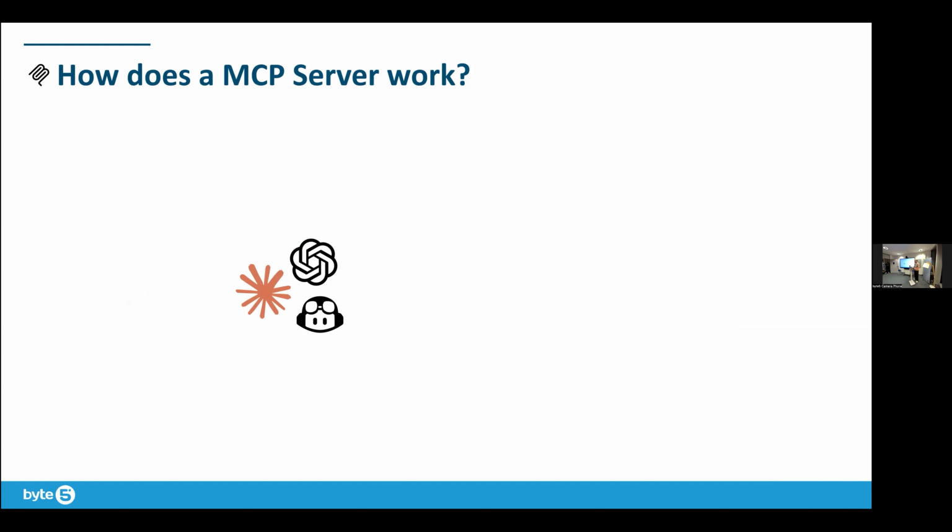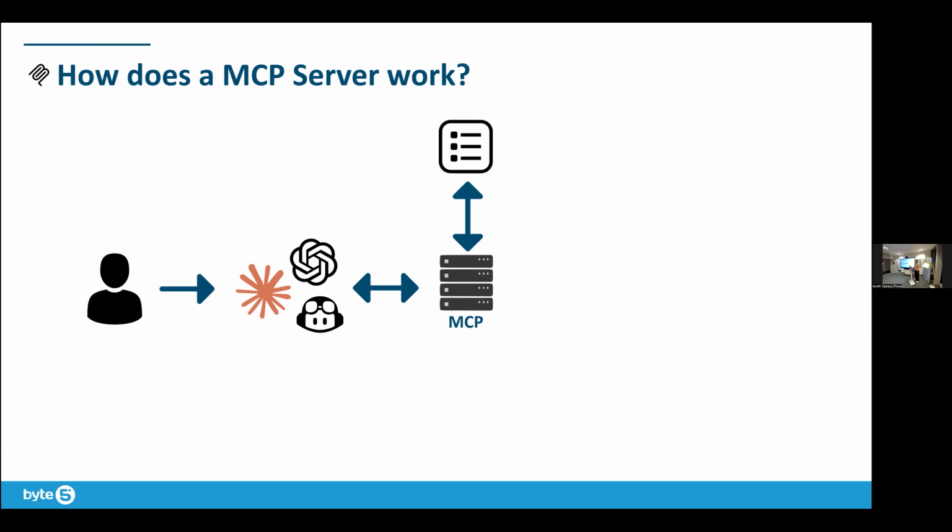But how does the MCP server work? First of all, if we connect the AI to our MCP server, it discovers all tools that the MCP server has in it. And the tools are described by name, description, and which arguments are taken. So as a user, we can ask things like which document types are available, or give me all the products from my website.